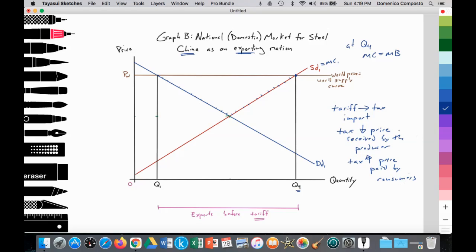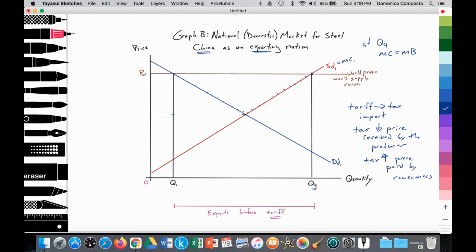So if a per unit tax is imposed on China, that would have the effect of reducing the price received for the exporting producer. Okay? So that would be the demand curve, or I'm sorry, the world price curve, which is the world supply curve, falling by the amount of the tax. Right? So let's say it falls to this point. So we have PW, and that's PW minus the tariff, because the price received by the producer is the world price minus the tariff, the tax that they have to pay.